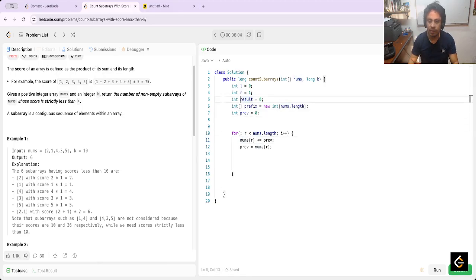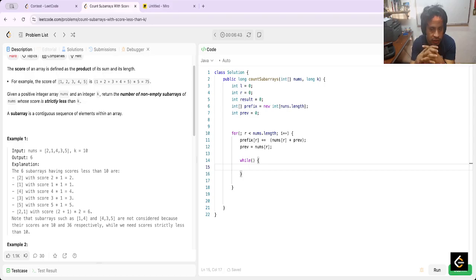No, this is prefix in the position r plus equal nums in the position r plus pref, and pref is equal to nums in the position r, that is the current, and with this we can start in 0. Got it. Now here we need a while.